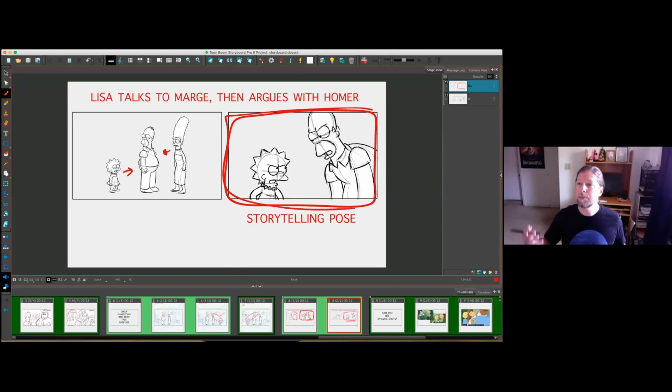So again, there are exceptions to every rule, and most of the job of the storyboard artist is to decide what's most important for the script, for moving the story forward, and then staging it in the most effective way possible to make sure that that storytelling comes across effectively.